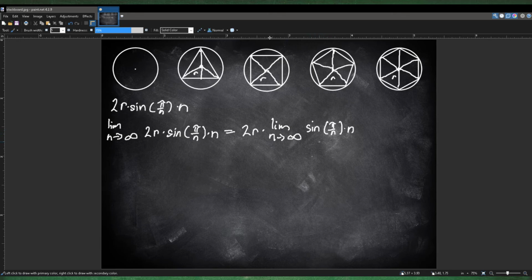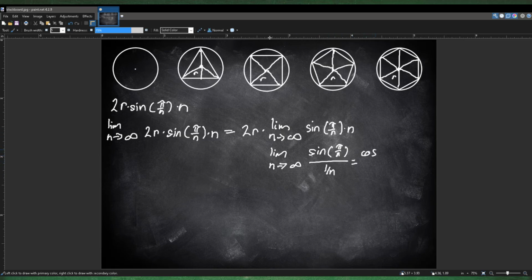So sine of 0 is 0. And as n approaches infinity, that's infinity. So this is a 0 times infinity indeterminate. So we can rewrite that as the limit as n approaches infinity of sine of pi over n divided by 1 over n. So we can use L'Hopital's rule again and take the derivative of the top and the bottom.